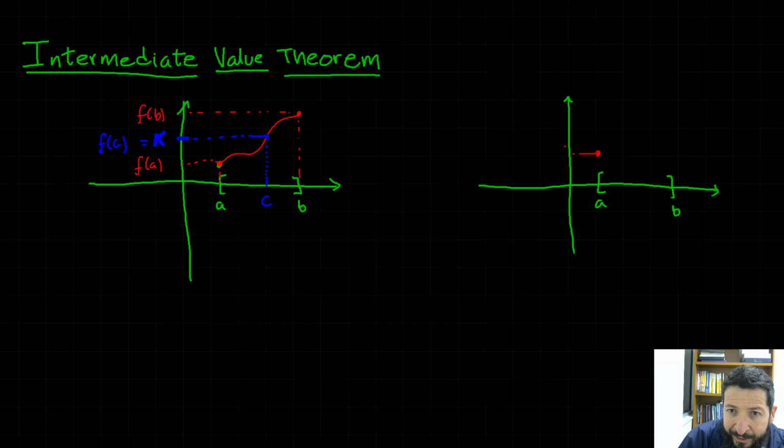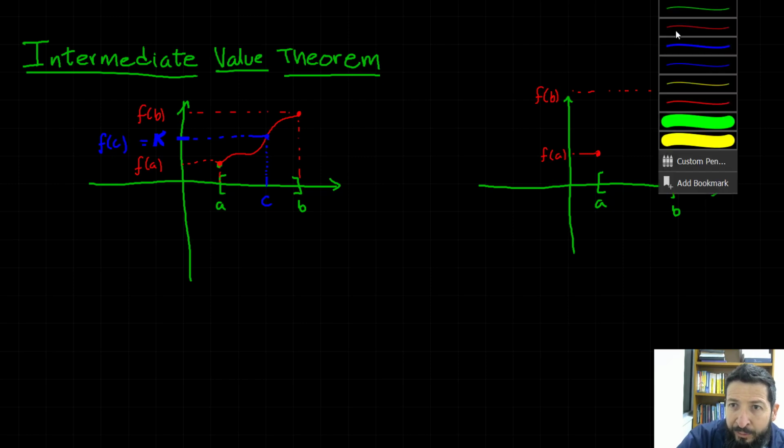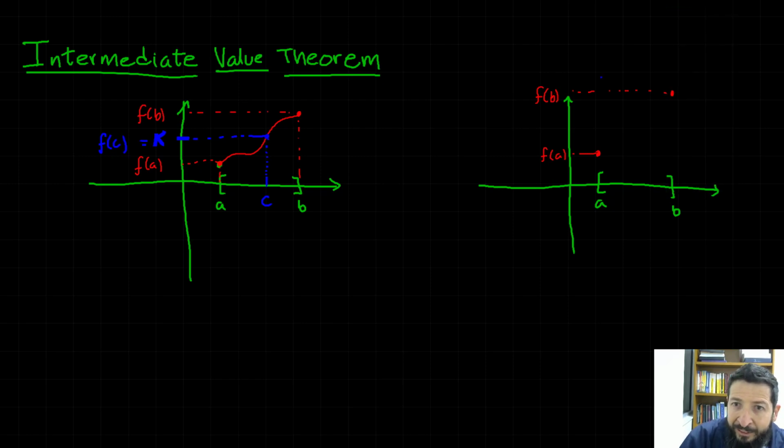So that's going to be my f of a. And to continue with what our idea was, we had increasing, so I'm going to put here f of b. And you notice I haven't drawn the graph of the function itself, and there's a reason for it. I want to make it fail. So I'm going to say that k will be somewhere in between those two, so I'm going to put it here. I'm going to put k, okay?